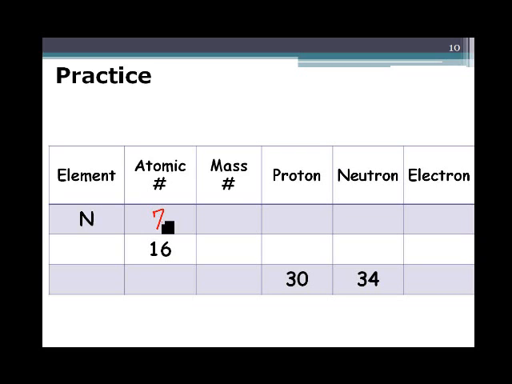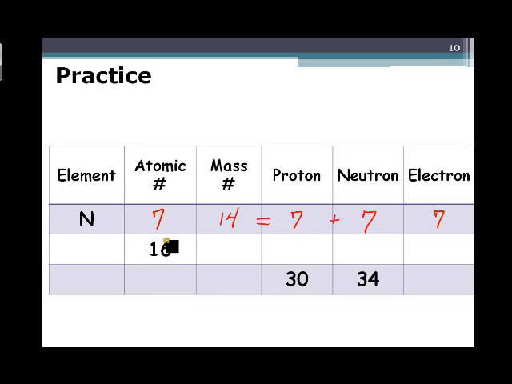The mass number is 14. So 7 protons, 7 electrons. 14 equals 7 plus 7.